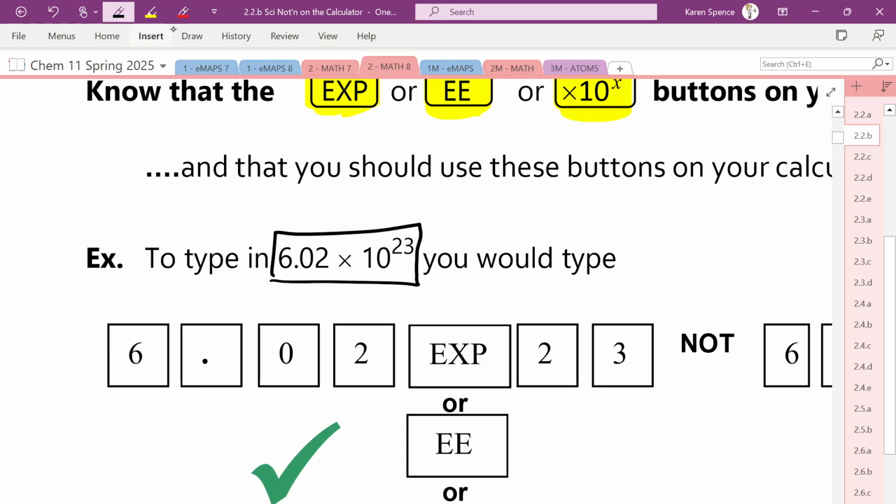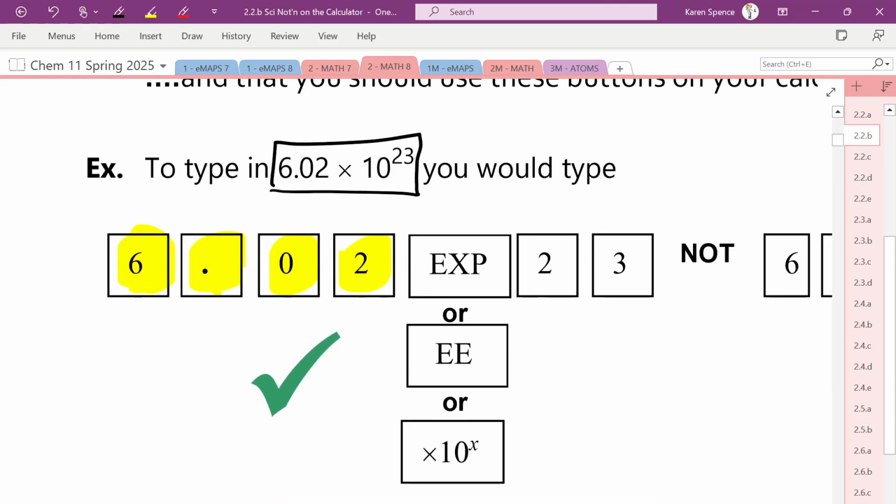You will type 6.02, and then you pick the one that is on your calculator, EXP, EE, or times 10 to the X, and then you type in the exponent, 23. Okay? Has anyone not found that button on their calculator? Sometimes it's a second function, so we'll have to look.